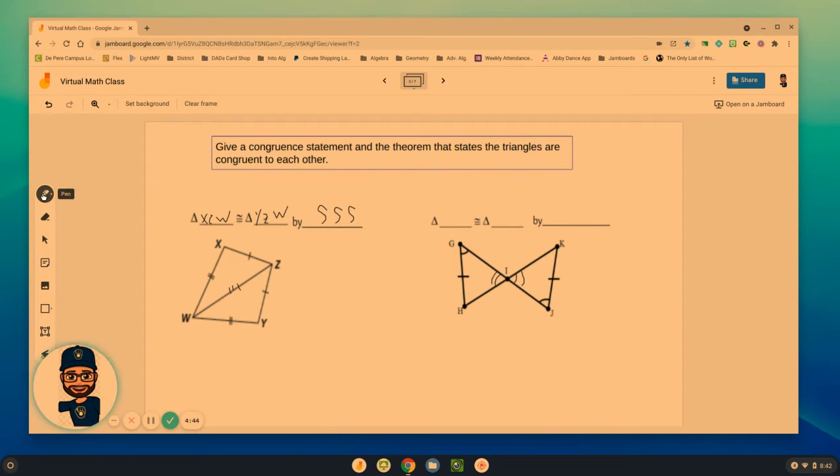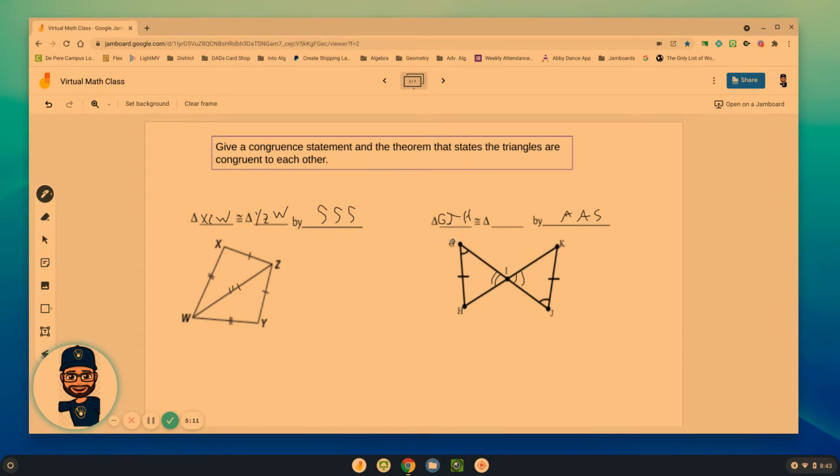Angle, angle, side, which was one of our valid theorems. But I've got to figure out the actual triangles. Now I'm going to start with G because it's got one mark. G, and then I'm going to go to the second mark, which is I, and then I'm going to go to the one that has no marks, which was H.